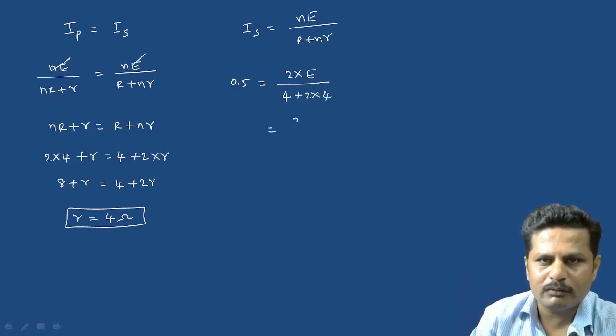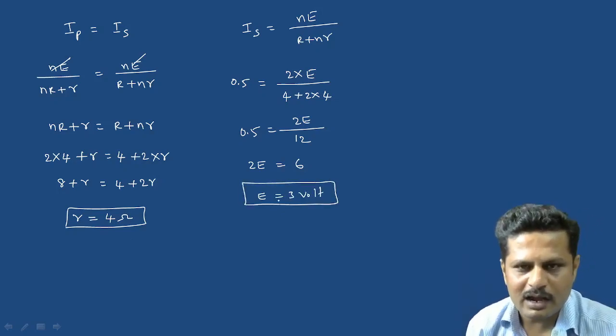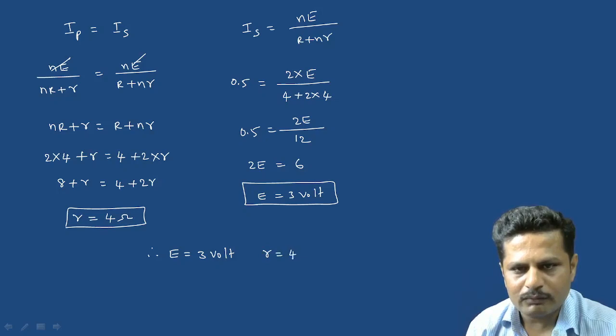So this becomes 2E divided by 4 plus 8, that is 12, equals 0.5. Now 2E equals 6, so E is equal to 3 volt. So these two identical cells have EMF equal to 3 volt and internal resistance r equal to 4 ohm.